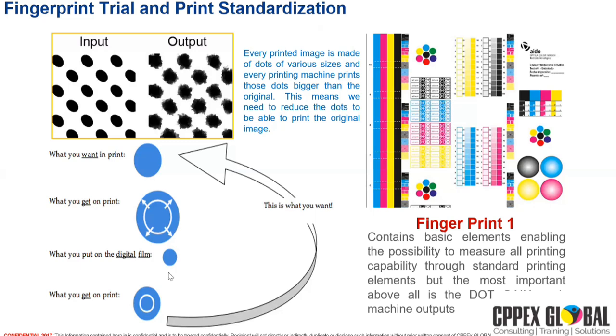So the fingerprint trial will give us the real dot gain size, how much dot gain this printing machine will give you in a print run. Fingerprint one contains basic elements, enabling the possibility of measuring all printing capabilities through standard printing elements. But the most important is the dot gain output of the machines. This is very important.